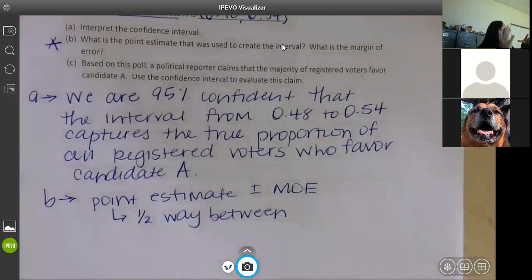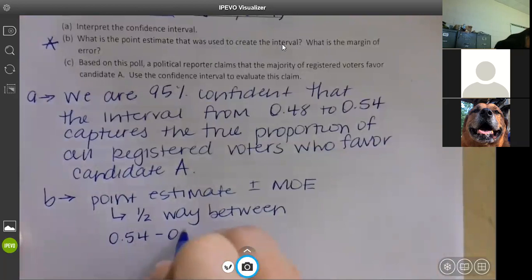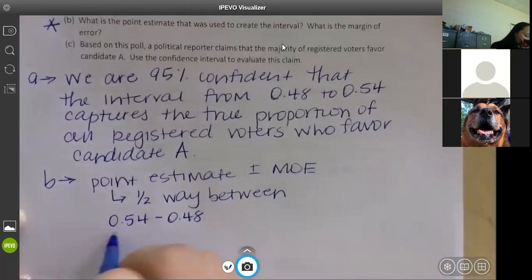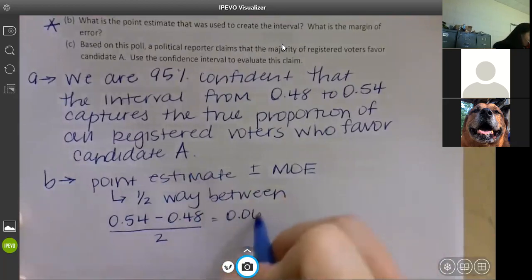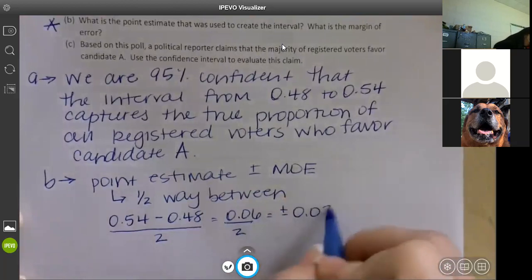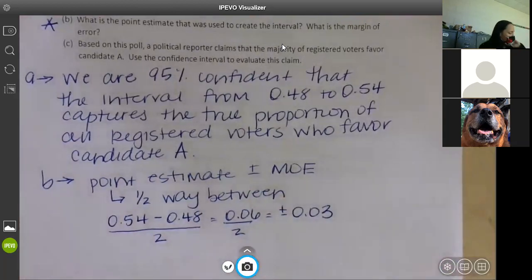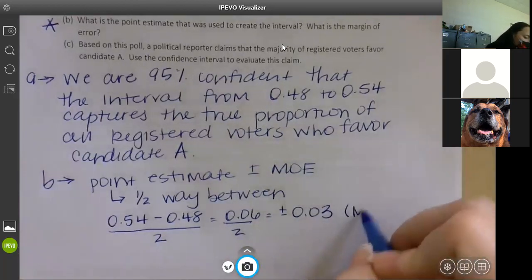Remember, our other one is plus or minus 10, so we had to find the middle of that. So our point estimate is always going to be halfway between. So how do we find that? We take 0.54 minus 0.48 and divide it by 2. That's 0.06 divided by 2, which is plus or minus 0.03. This is your margin of error.